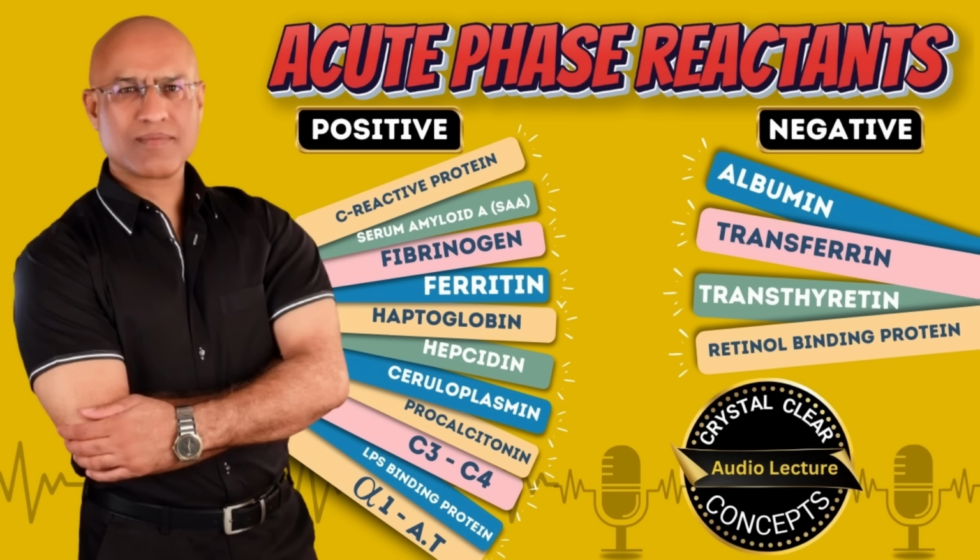That is ferritin, which binds and sequesters more iron; haptoglobin, which transfers the hemoglobin to the macrophages, where iron is bound with apoferritin and converted into ferritin; and then hepcidin, which is not allowing absorption of new iron and not allowing mobilization of stored iron. These three proteins, ferritin, haptoglobin, and hepcidin, all go up in the blood.